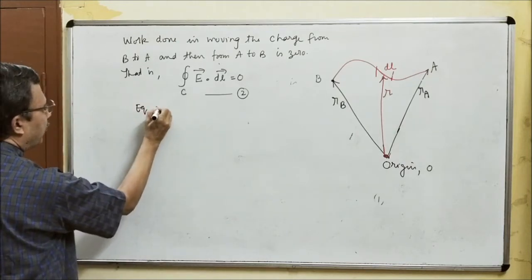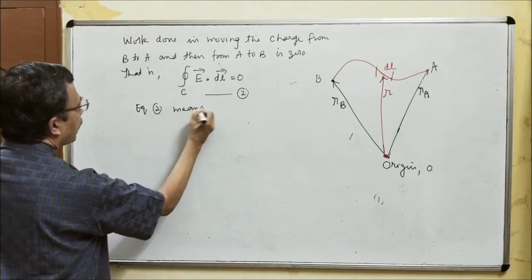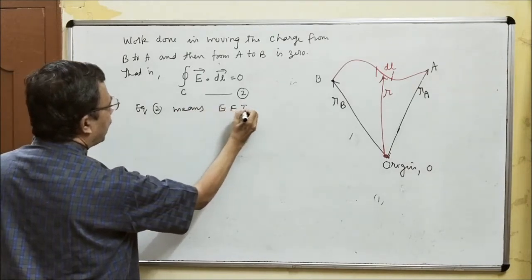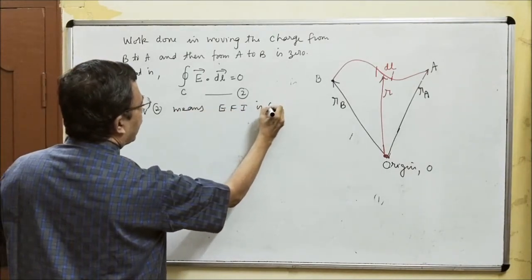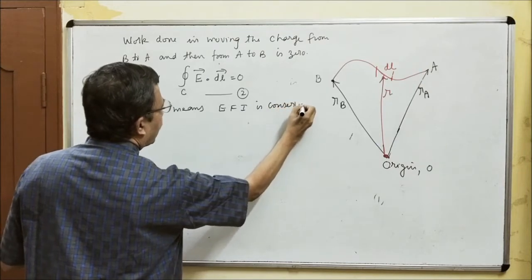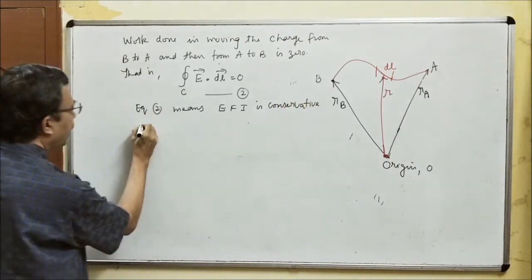Equation 2 means electric field intensity is conservative in nature.